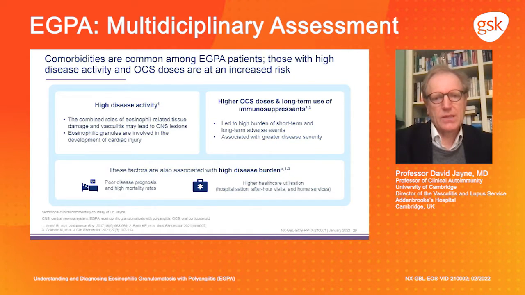And here I'm talking particularly about metabolic events, diabetes, hypertension, weight gain, bones, cataracts, and so on and so forth. And of course, the more aggressive the disease, the higher the steroids that are likely to be used. But then the more refractory or relapsing the disease course, the greater the cumulative burden of steroid over time.